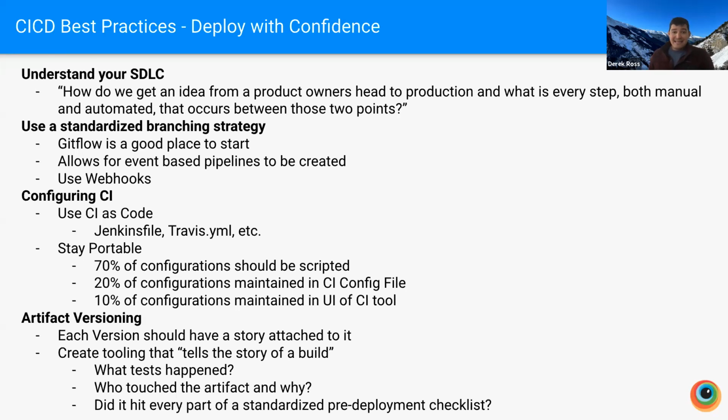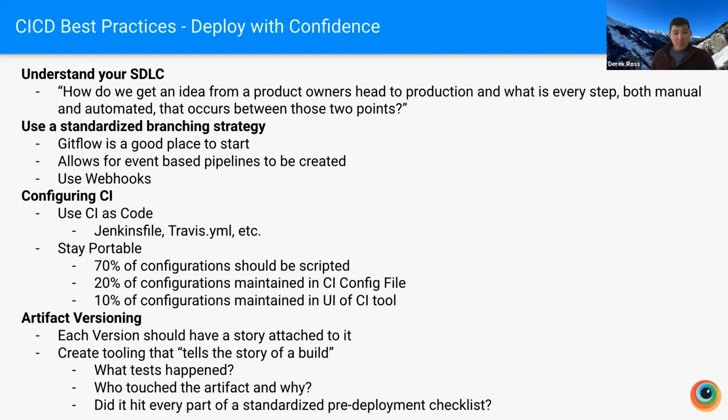When you're configuring CI, some principles I like to discuss: always use CI as code. The majority of customers are going to be starting out with freestyle jobs, and this is language that comes from Jenkins. A freestyle job is a UI-based job where you're going in and clicking and configuring the job in the UI.